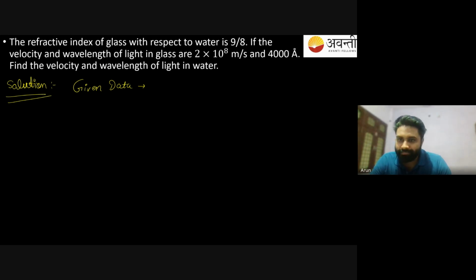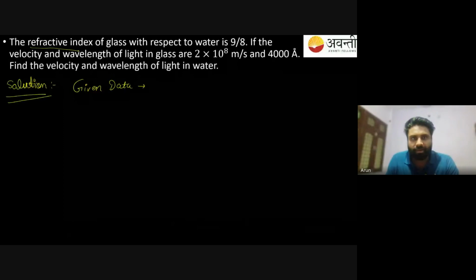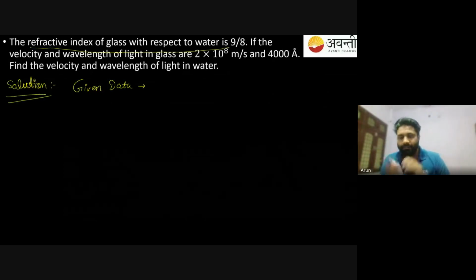Tell me, is this the absolute refractive index or the relative refractive index? Just tell me in the chat box. Come on, make a very first response.